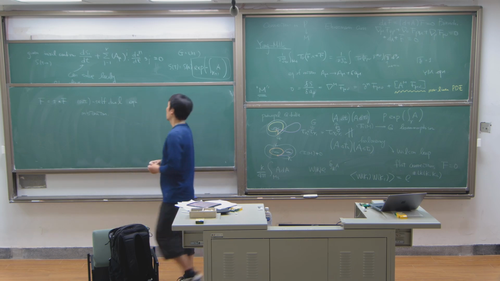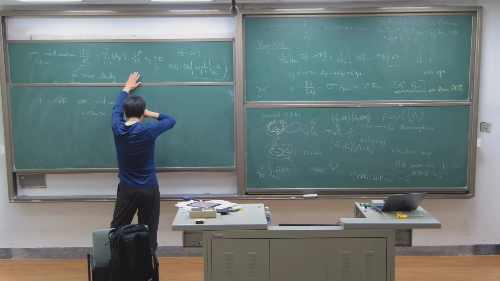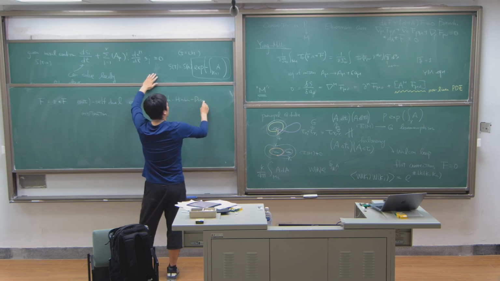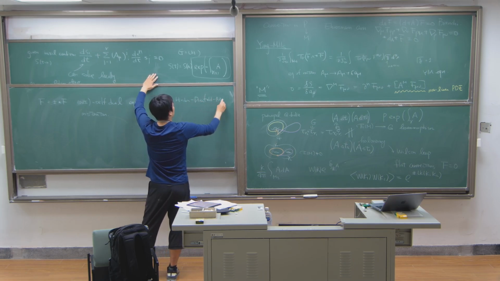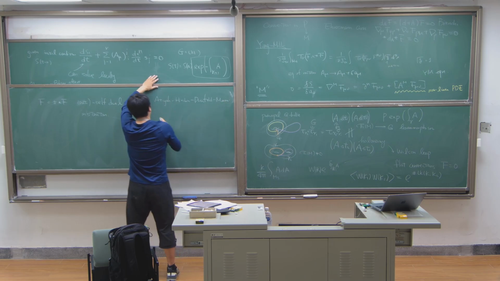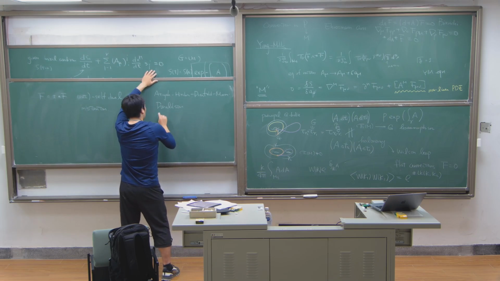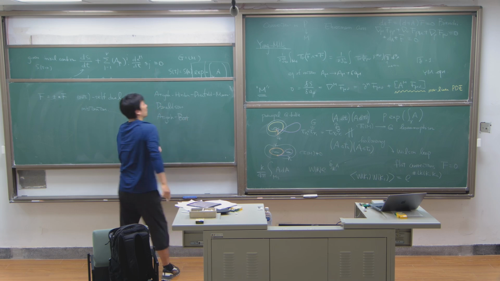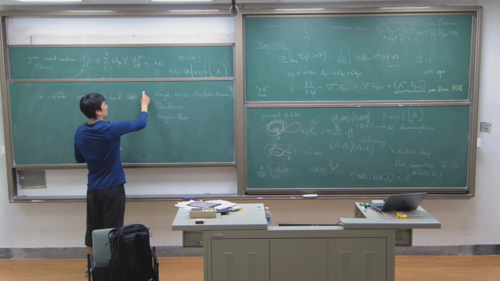In fact, Hitchin, Atiyah, Manin, and also Simon Donaldson, and also Atiyah and Bott, around 77 or 78, and this is 82.